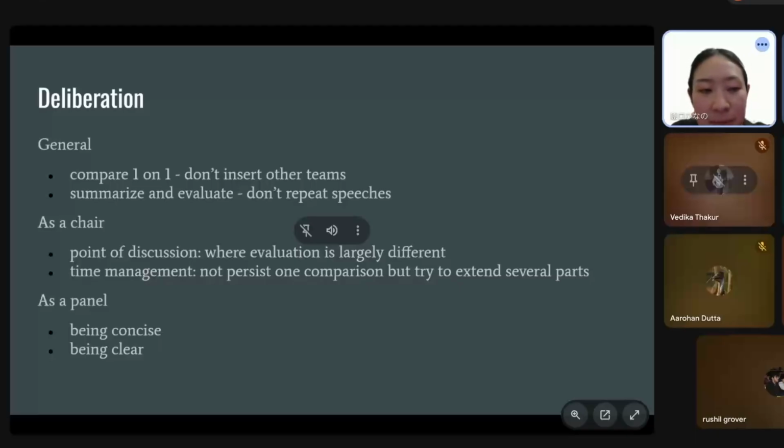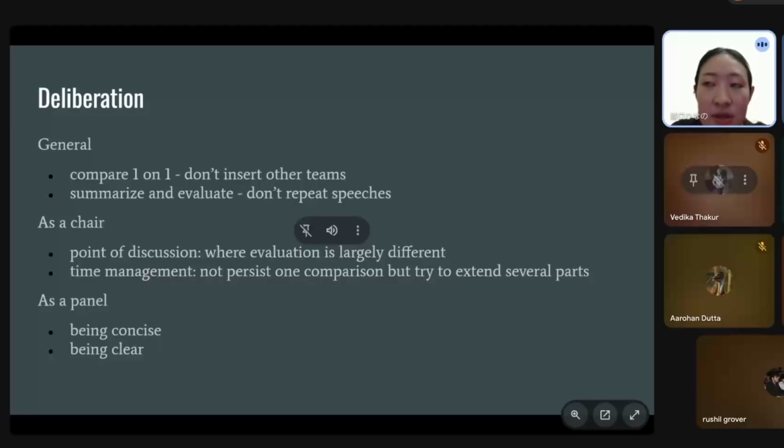This is some kind of priority you have to make as a chair, because you have the time restriction, and you cannot discuss everything in an equal amount. And if you start from the consensus part or the less contentious part, you cannot spend enough time on the very contentious part, which often takes time.